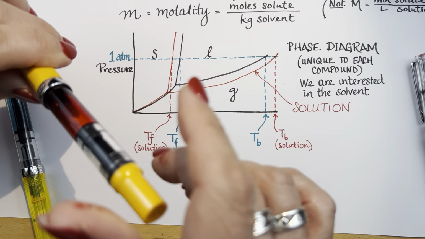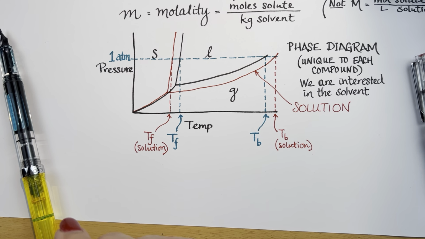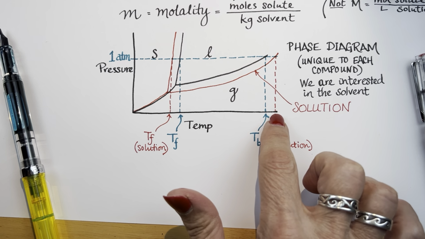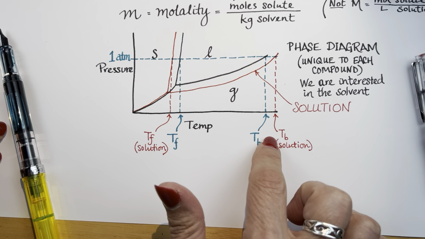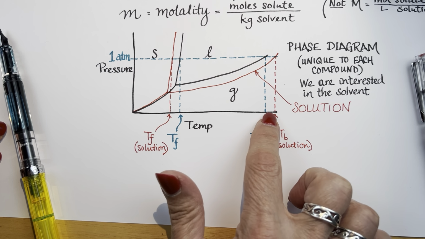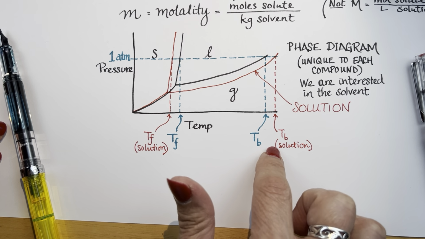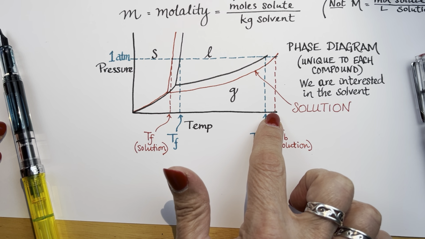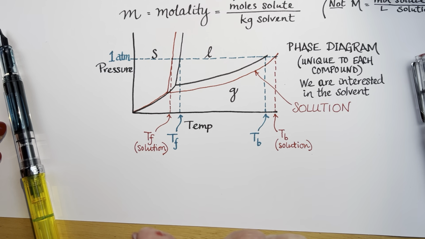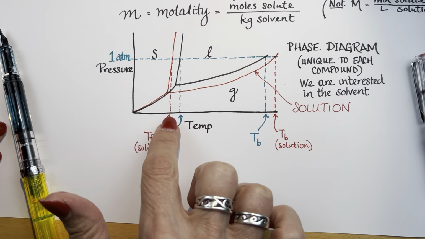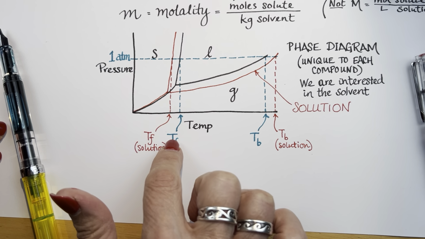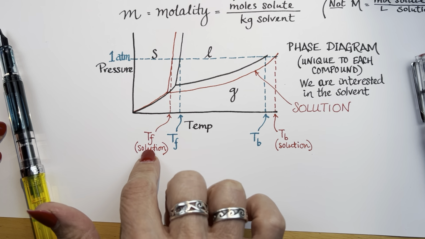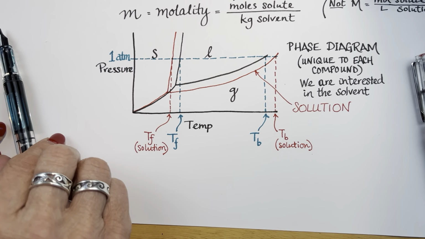You can calculate what the difference is. What is the difference in the temperature at which it boils? That can be calculated. Likewise, the temperature difference where it freezes can be calculated.